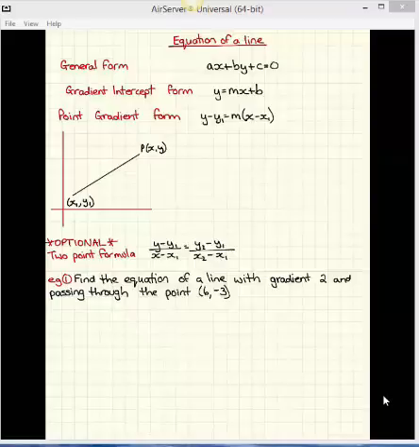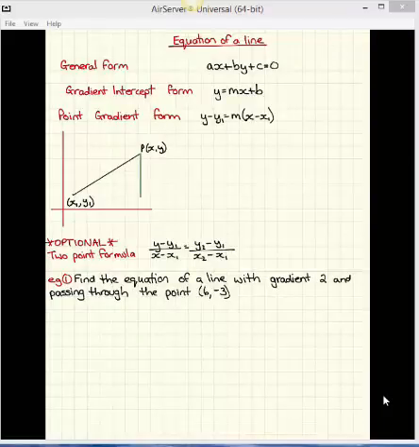again, we go with the triangle idea, and the rise is the change in y. So that side there is going to be y minus y1, and the run is the change in x, so that's x minus x1. So using that and what we know about the gradient formula, well, we know that m is equal to the rise over run.